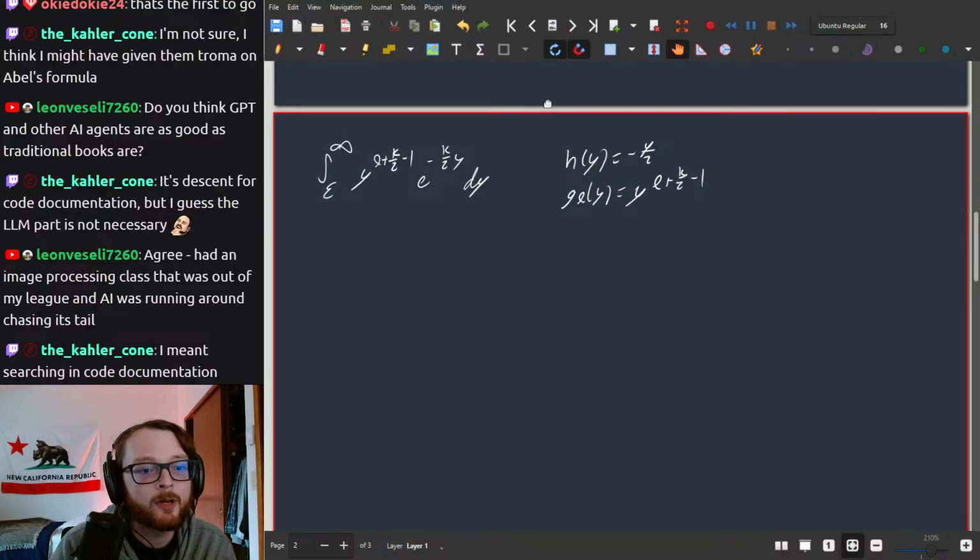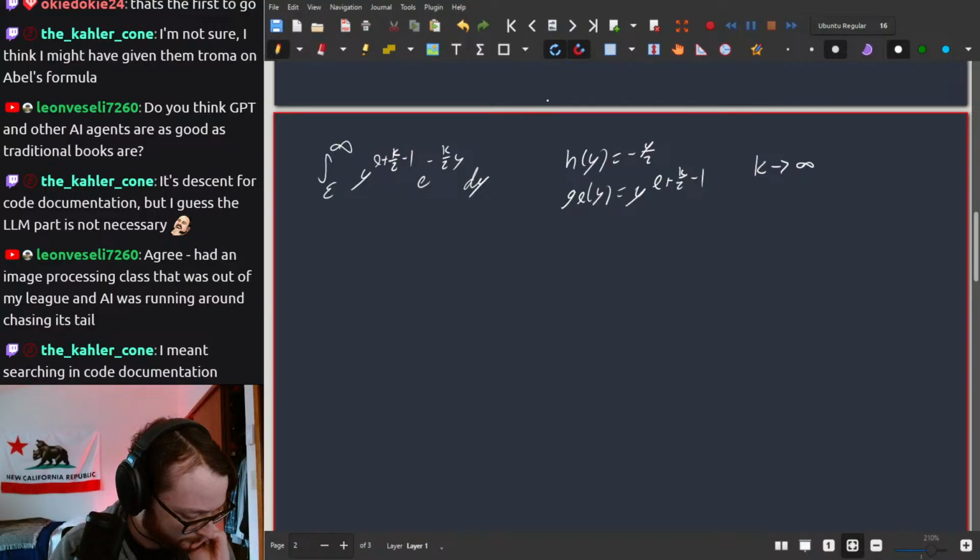So we want asymptotic expansion as k goes to infinity. I hate this.